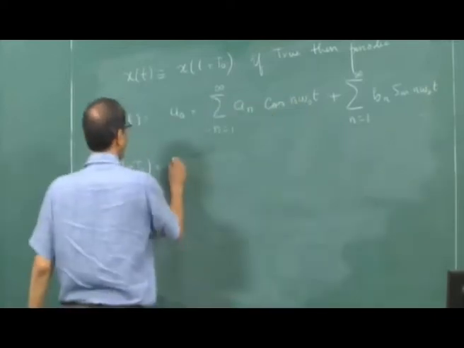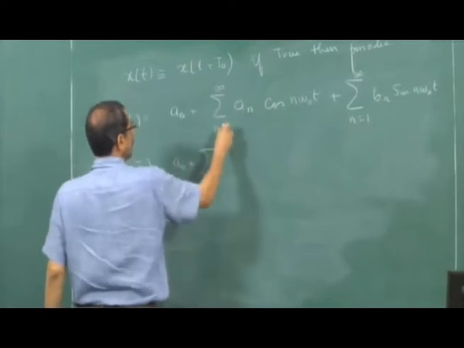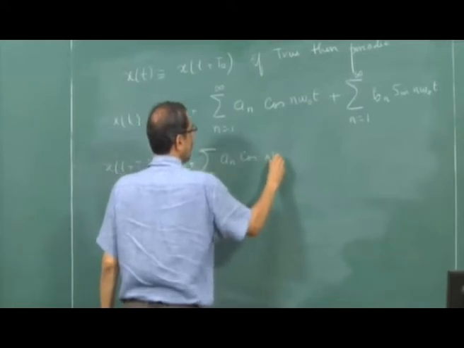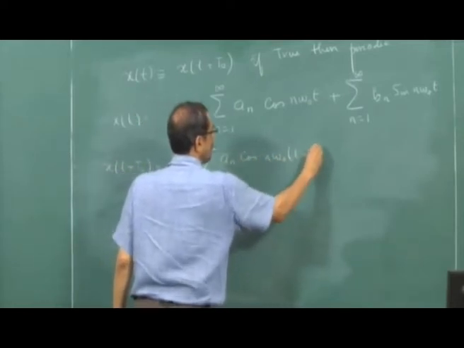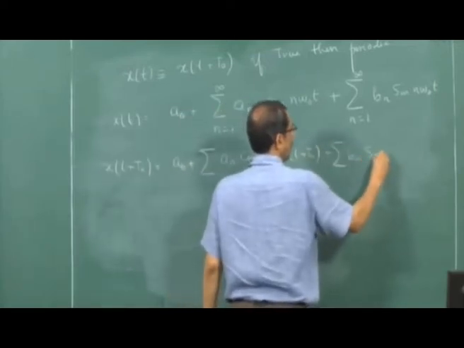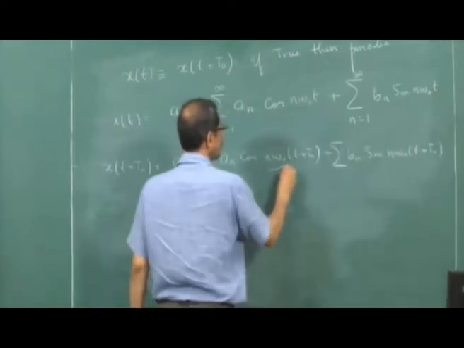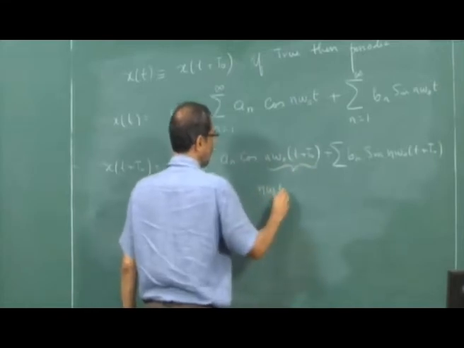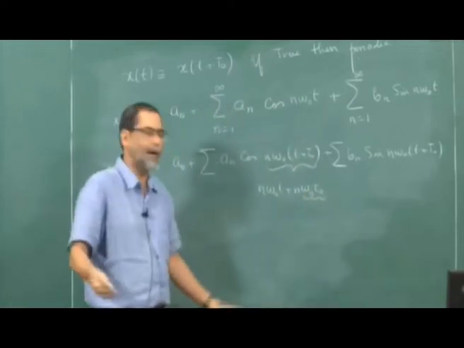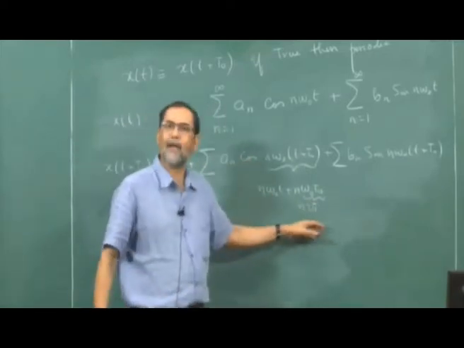So you get a naught because that doesn't depend on time. I will not write the limits of summation all the time, it's very time consuming. Then an cosine n omega naught t plus t naught, bn sine n omega naught t plus t naught. If you expand this, you get n omega naught t plus n omega naught t naught, but omega naught t naught we know is 2 pi, so it is n into 2 pi. So cosine of theta plus 2 pi n is cosine theta.